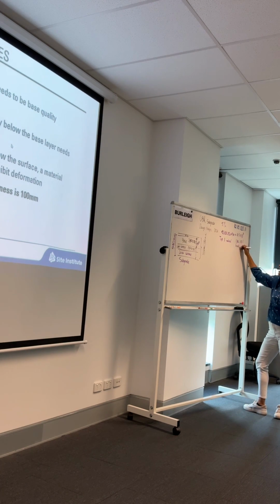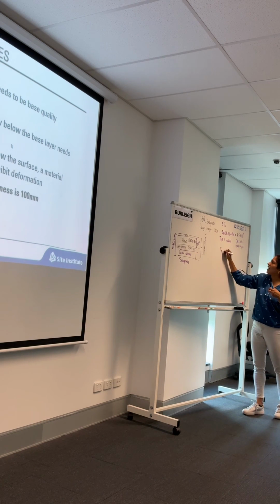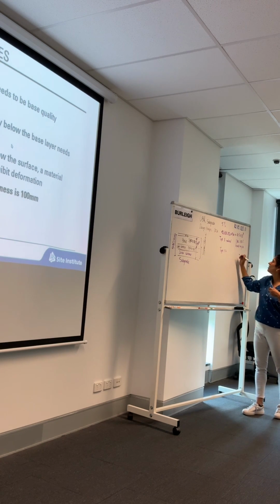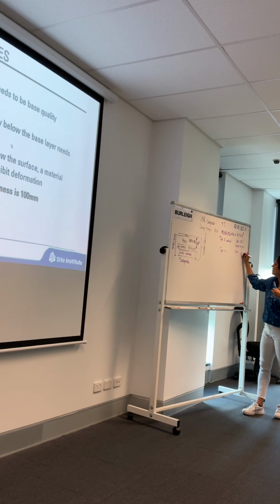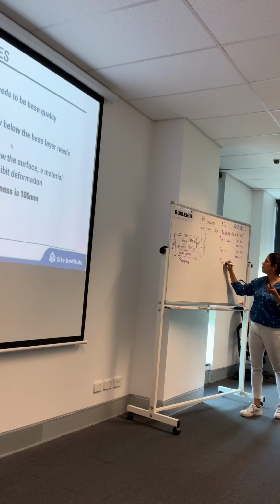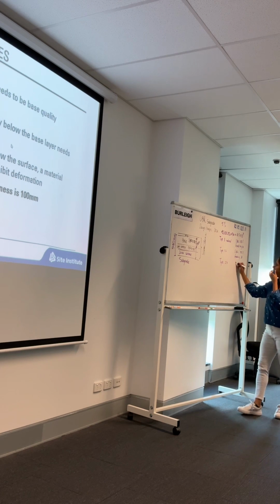Grading, type A. And I also have a type 2.2 with a CBR of 35% and a grading, type B. And I have a type 2.3 with a CBR of 12% and a grading, type C.